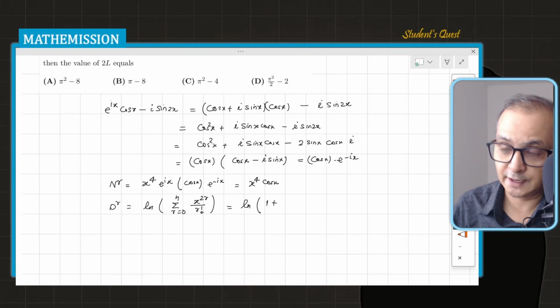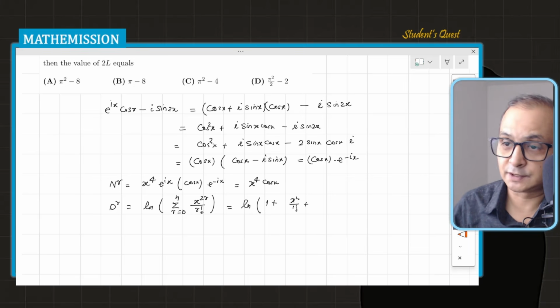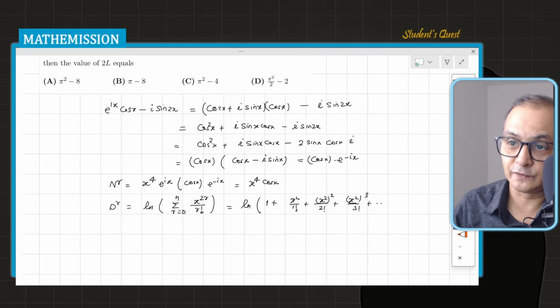The second term is x squared by 1 factorial. The third term is x squared to the power 2 by 2 factorial. Then x squared to the power 3 by 3 factorial, up to infinity.